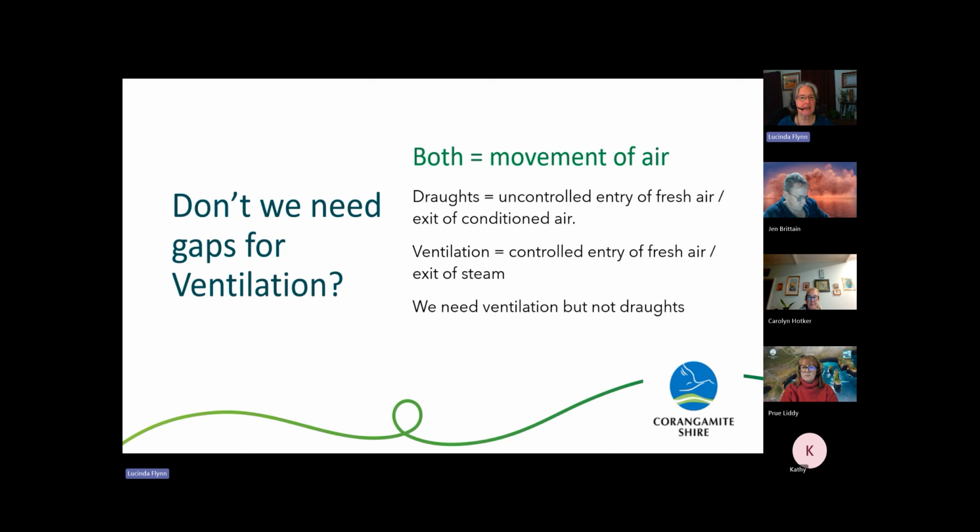Both drafts and ventilation are about the movement of air, but drafts are when we can't control it, so it's not working to our advantage, whereas ventilation is definitely required, but we can control when we do it. So we use it on purpose when we're generating moisture, for example. Or, if the house has been locked up for a couple of days because it's been raining, you might open all the doors just to let that stale air out and get a bit of fresh air in.